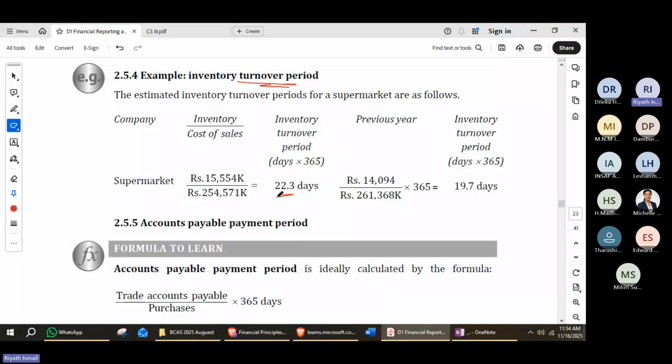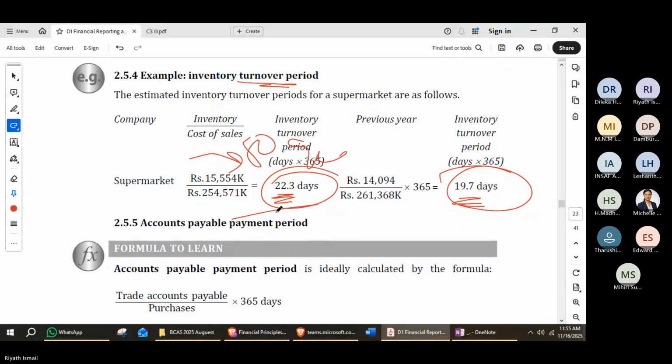Here they have 23 days, 22 days, this is 19 days. A supermarket has less than 1 month for groceries. Some have 6 months, like stationery. When you take a manufacturing company, it's maybe 80 days, 90 days, like that.